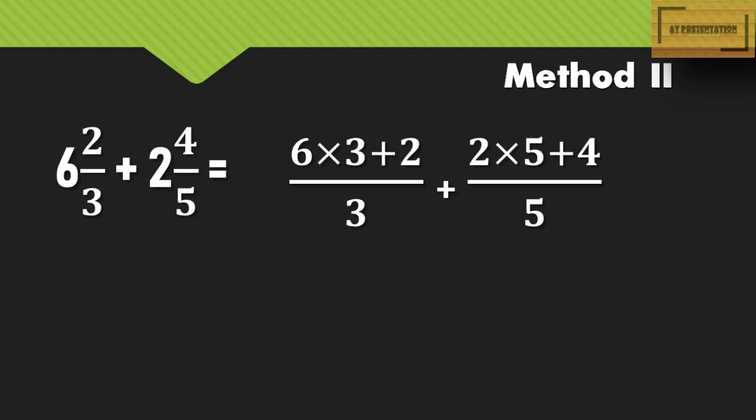This method is also used to convert a mixed number into an improper fraction. So the mixed number 6 and 2 upon 3, right here 6 multiplied by 3 plus 2 upon 3, plus 2 multiplied by 5 plus 4 upon 5.